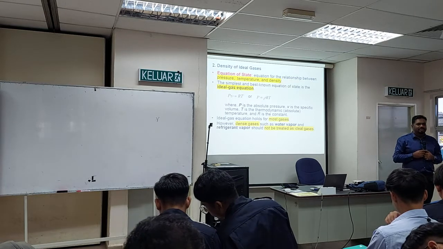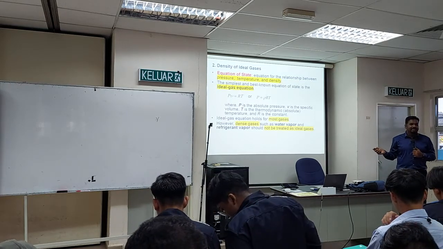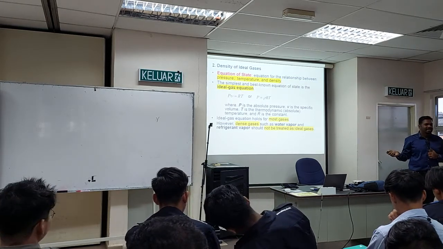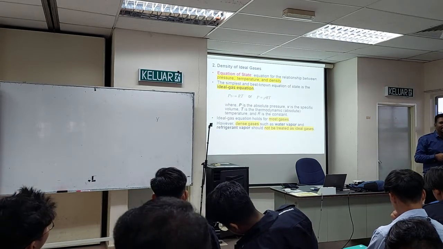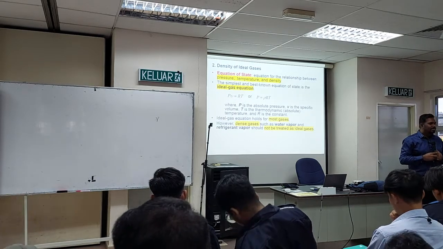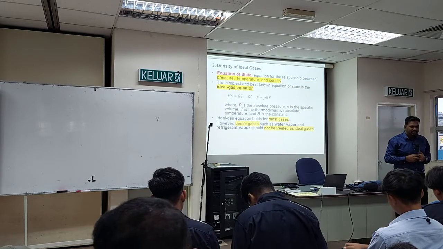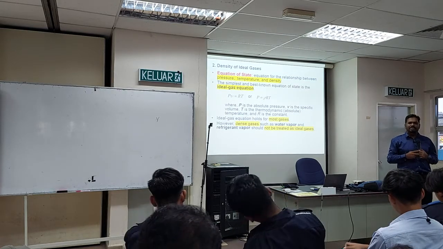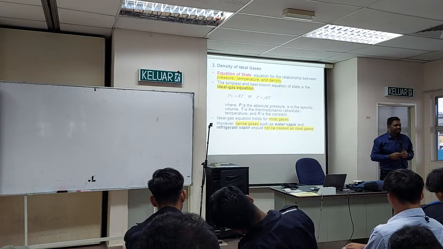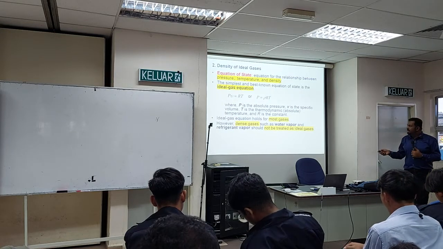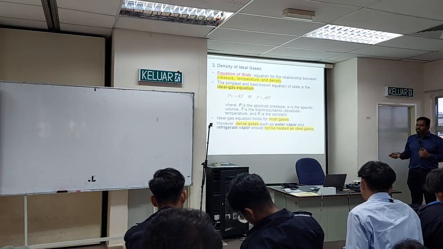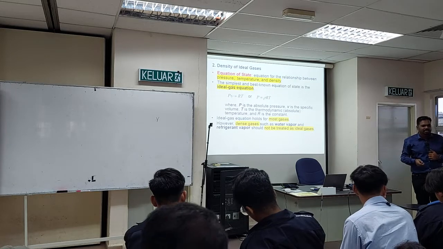Cuba check. Nanti dalam exam jangan cakap I tak bagi value R. Value R ada dekat you punya calculator. Constant berapa? 27. Constant 27. Constant 27 adalah value R. Berapa value dia? Cuba check.